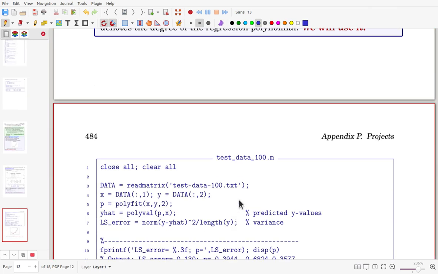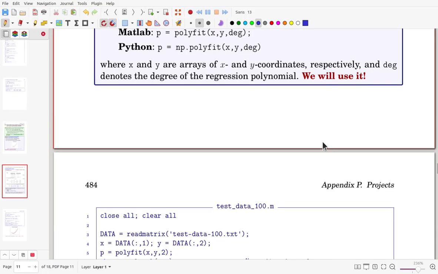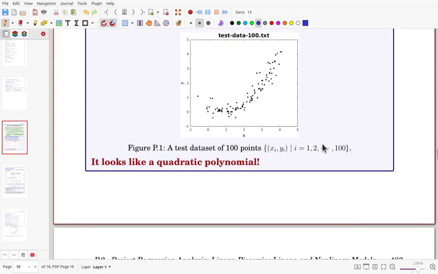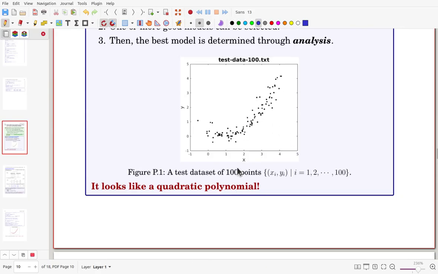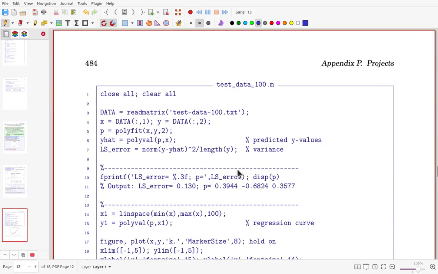Okay, here we have a program in MATLAB. We read the data set that is saved in this file, and we are considering right now this data set of 100 points, x and y.